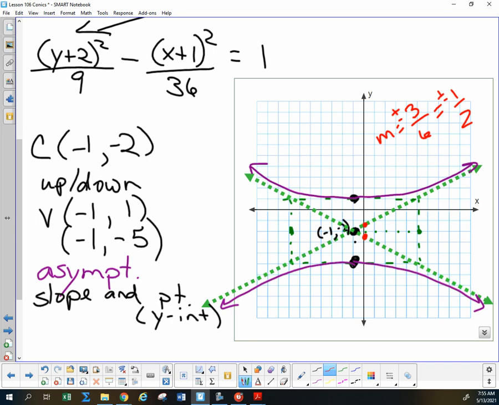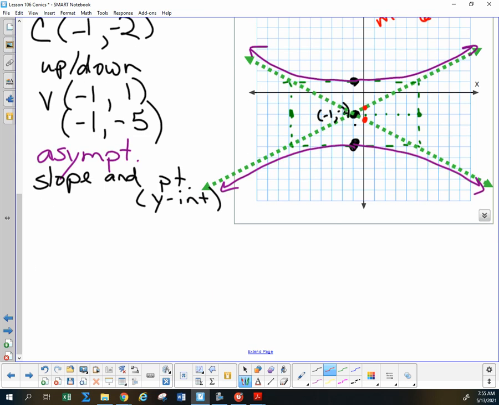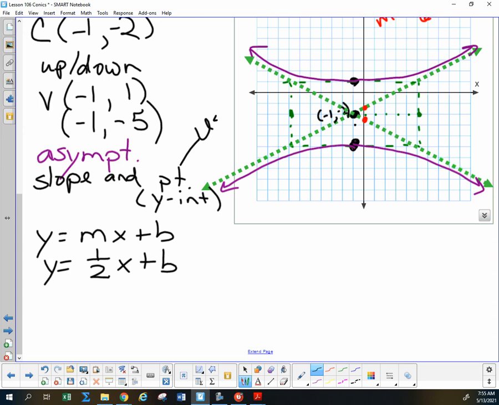So one thing that we can do, if you want to do it with your y equals mx plus b, you put in the 1 line at a time because they have different intercepts. For the positive one, 1/2 x plus b. The one point that we know is on those 2 green lines is the center. We don't know the y-intercept yet.